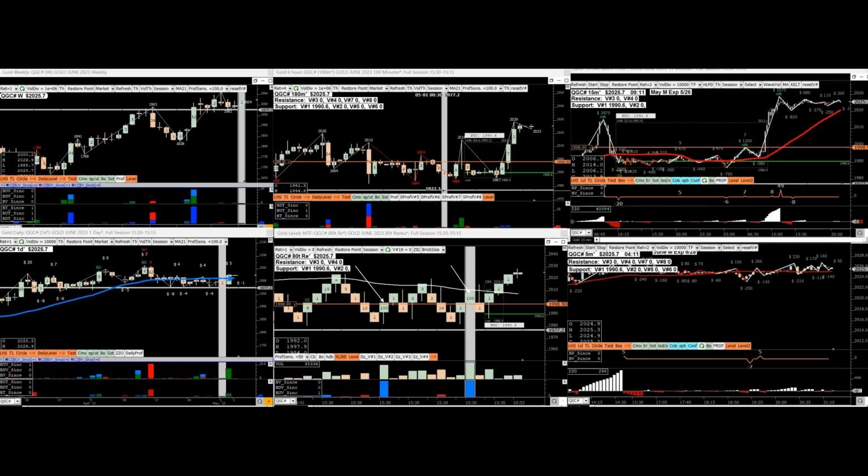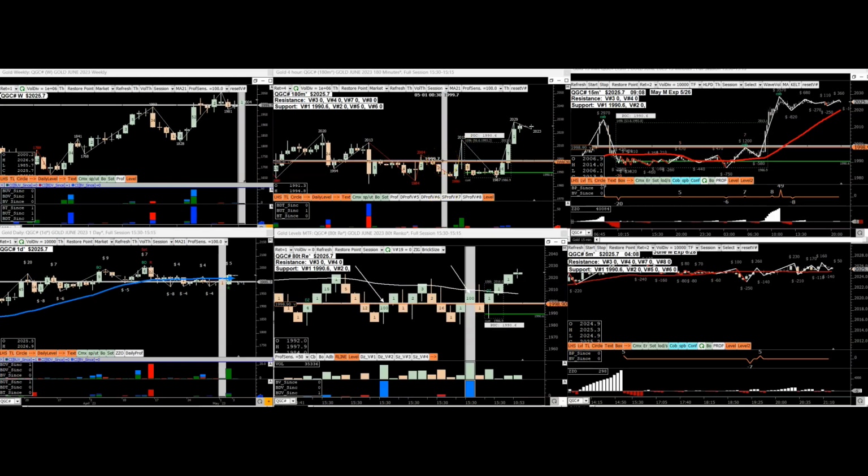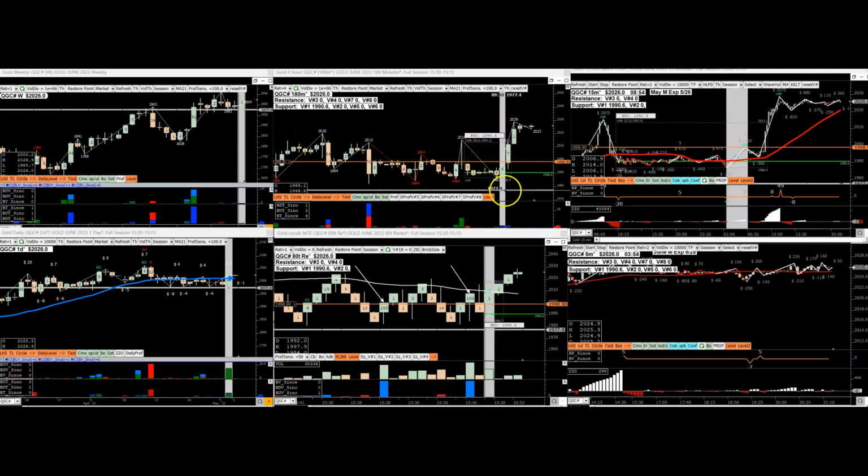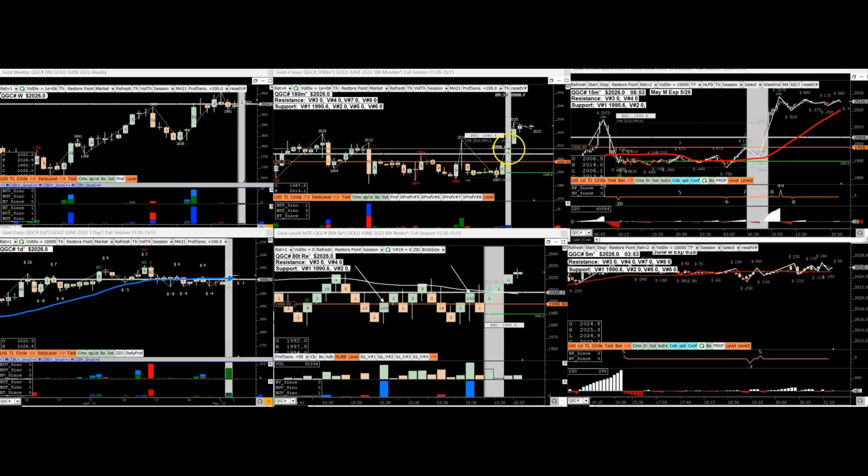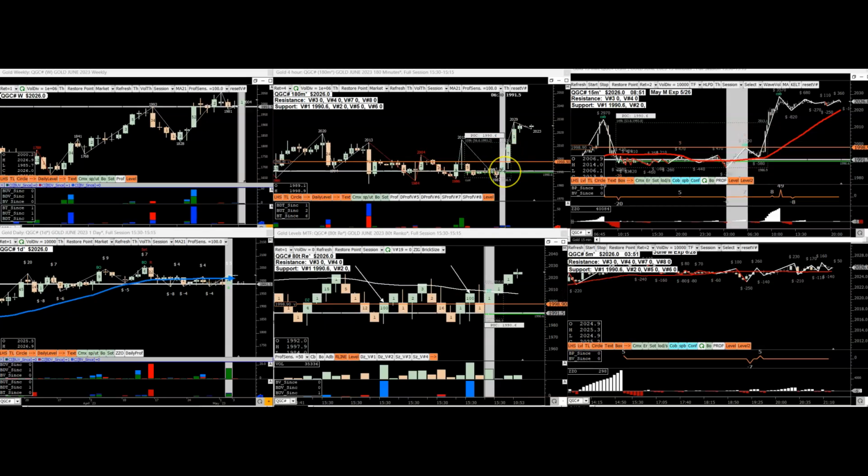So around the 2000 area, right below the 2000 area for gold, there's enough, you know, because this break took out 1, 2, 3, 4 highs. It took out 4 highs, and it's an expansion.